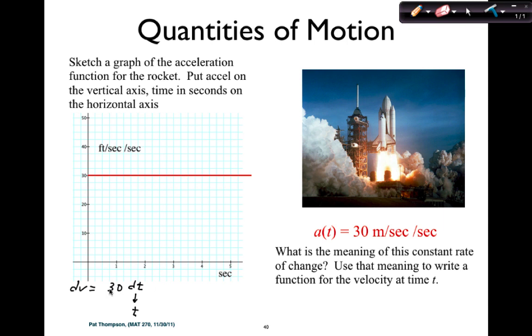And then our change in speed starting from 0 is just v, right? So because at time 0 we have velocity 0, we can also write this. And that's just like from the table we saw, right? So not only does our constant rate of change tell us that dv equals 30 dt, but in this scenario we can also say v of t equals 30 times t, because at time 0 we have speed 0.